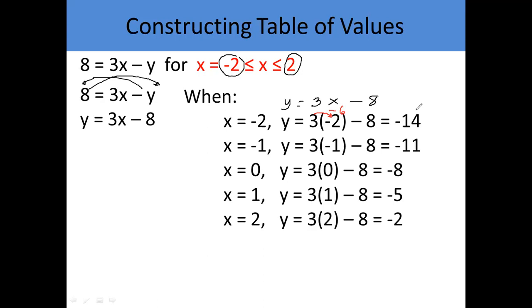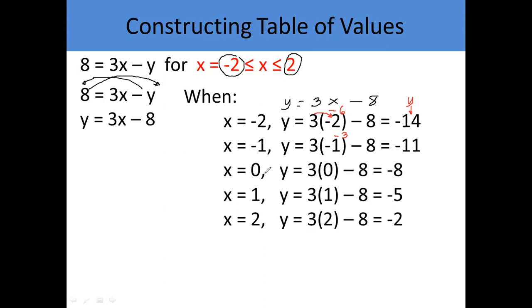So this is our y: y is negative 14. Now if x is negative 1, 3 times negative 1 is negative 3. Negative 3 minus 8 is negative 11. So when x is negative 1, y equals negative 11.